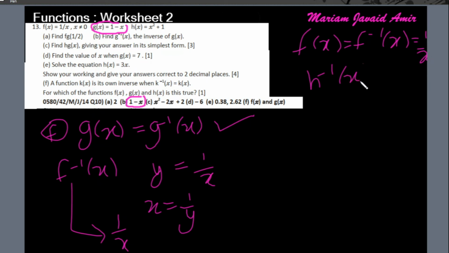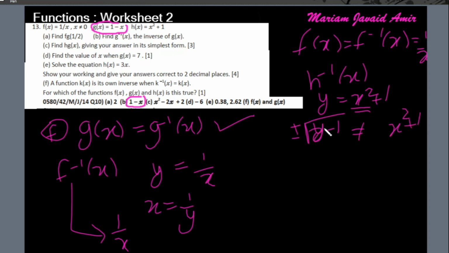Let's find h inverse of x first. So y is equals to x square plus 1. When I try to make x the subject, I'll get plus minus under root y minus 1. So no, this is not equals to x square plus 1 even if I change this to x. So h inverse of x is not equals to h(x). So this is only true for f(x) and g(x), where the functions are actually equals to the inverse of the respective functions.